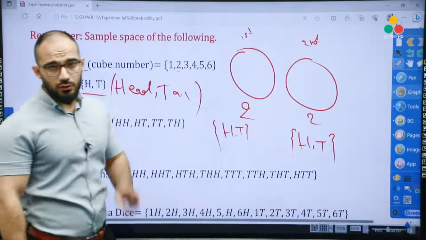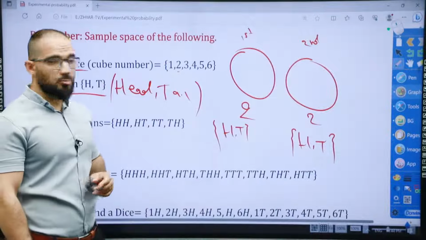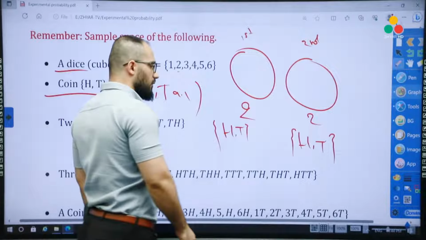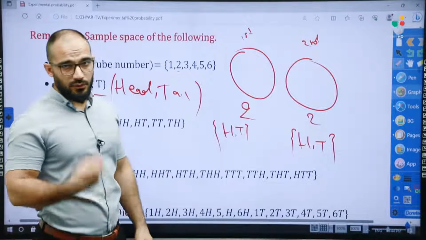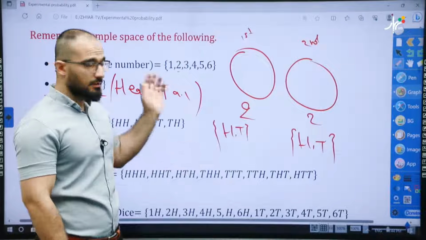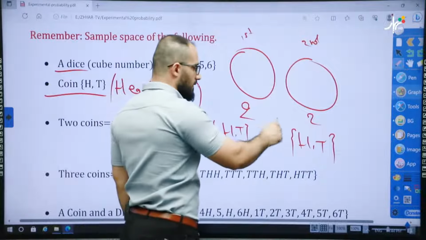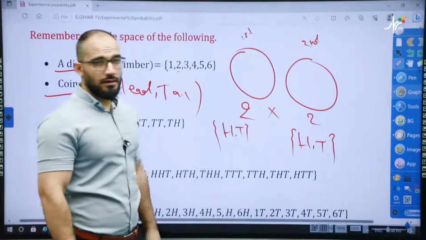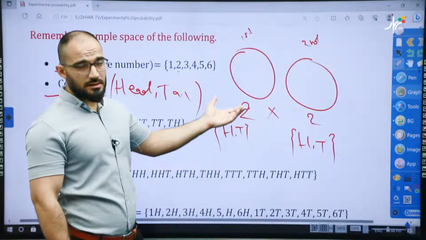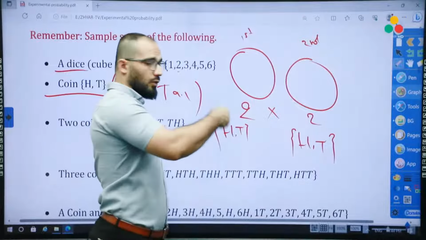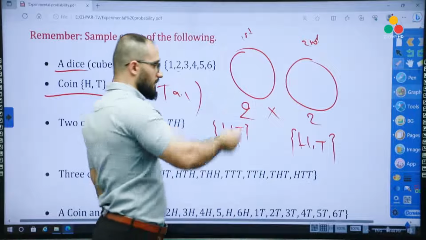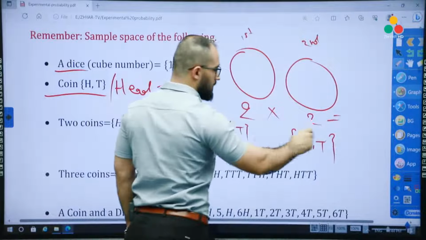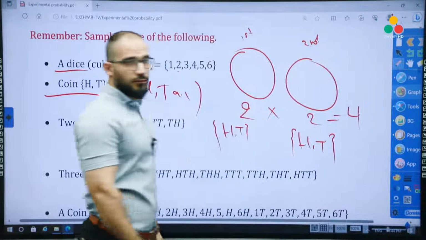So if you have two coins, then what are all the possible outcomes? If you remember, we had a rule in the first section in chapter 4, when you want to find the possible outcomes, the sample space of 2 or 3 or more events, it's going to be 2 times 2, it is 4.